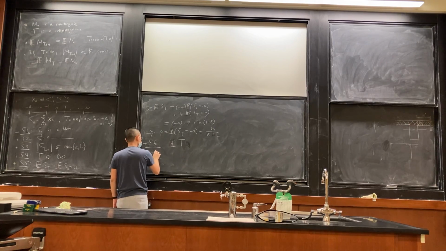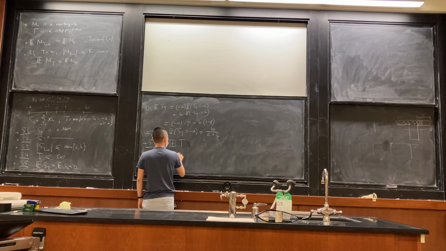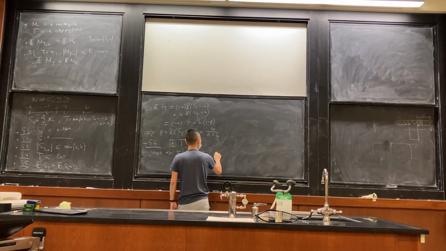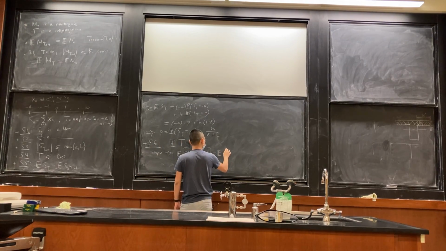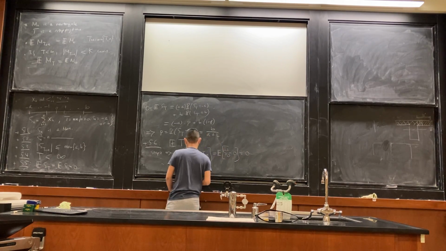Again, step 2 tells me that the expected value of S squared at T mean N minus T mean N is equal to the expected value of S squared at 0 minus 0, which is obviously 0.